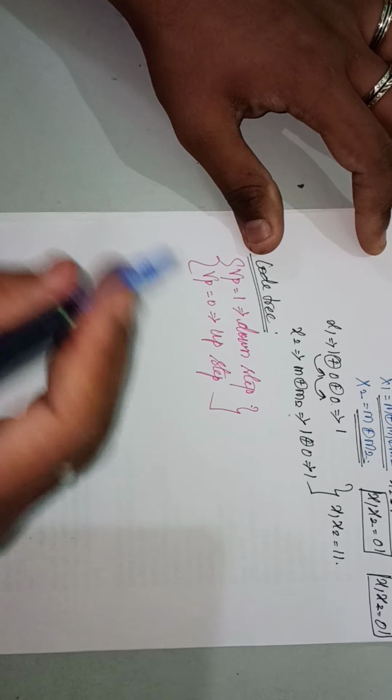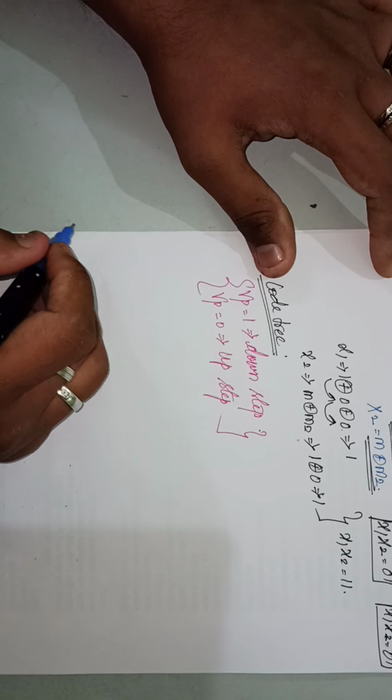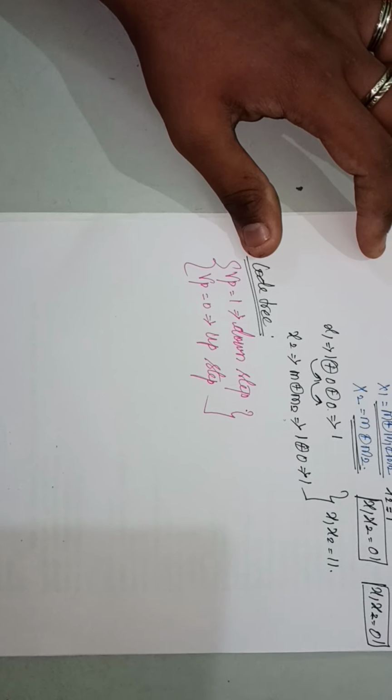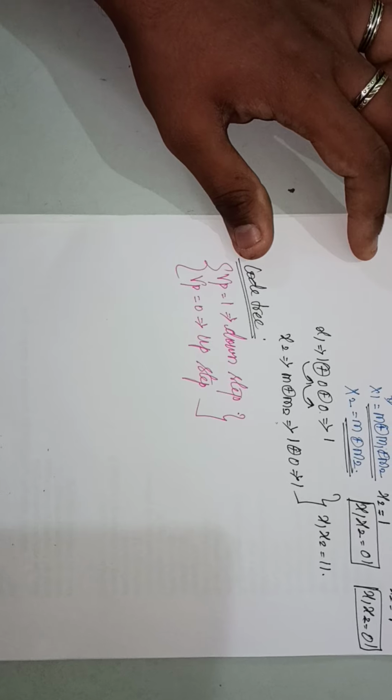Before starting the code tree diagram I am going to represent the state values, which I have already mentioned.